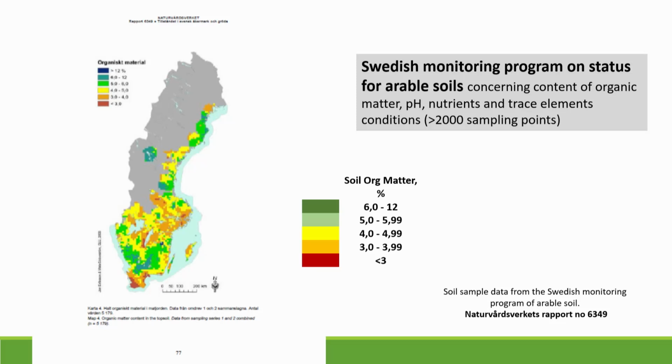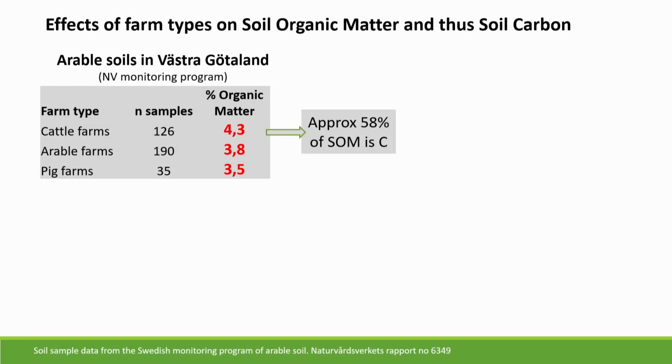So this is how we have the knowledge we have about soils. In this program, they do soil sampling around every 10 years, so there is a lot of soil data to follow up. And you can take out some farm directions here. I just picked up from that program arable soils in Västra Götaland, on cattle farms, arable farms or pig farms.